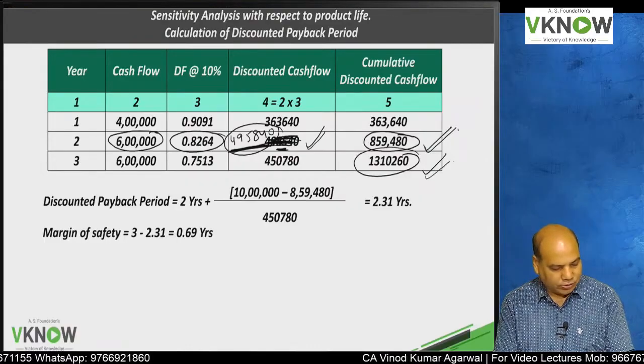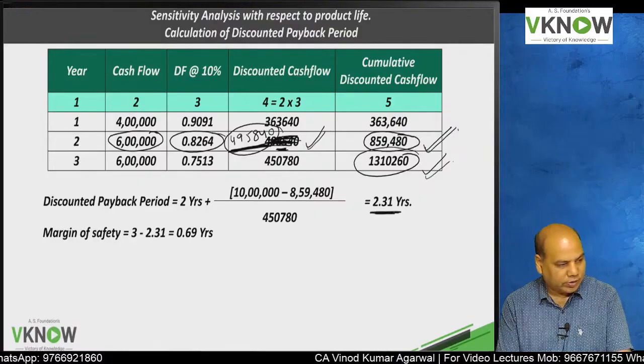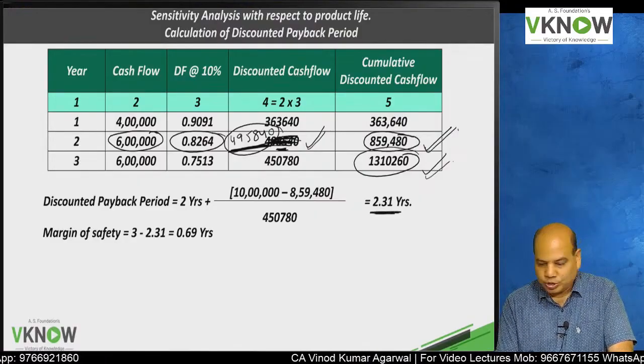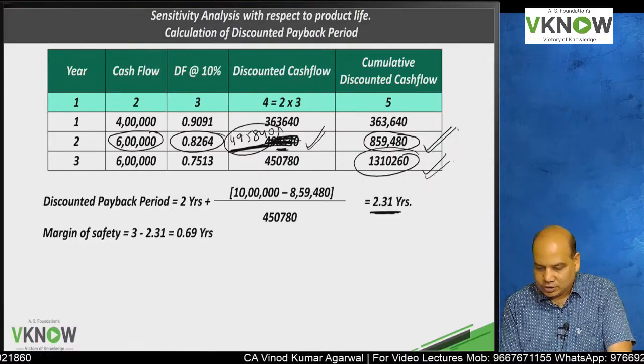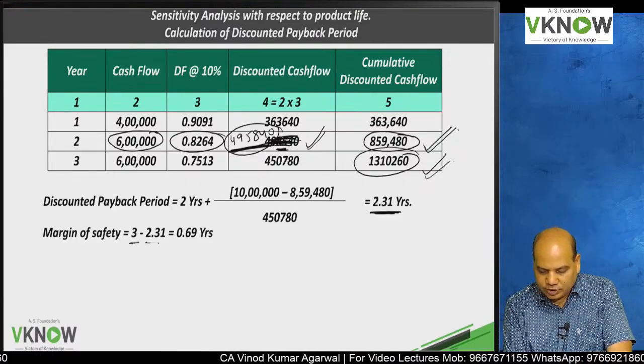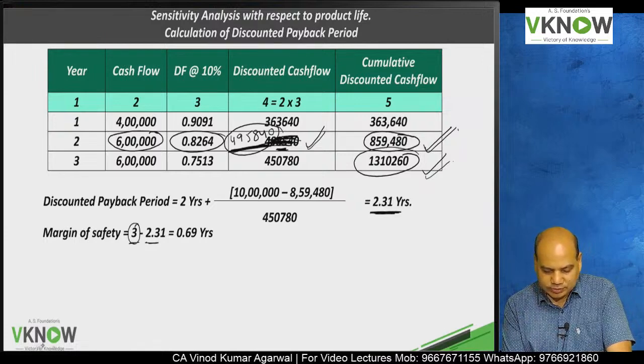Okay, let us go to the answer. 2.31. Very good. 2.31 years. Margin of safety, write down. Original estimate is 3 years.